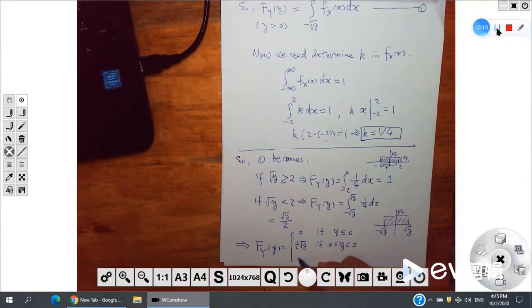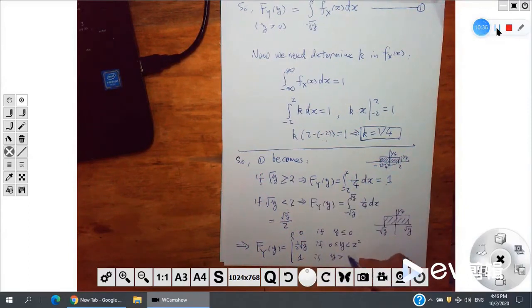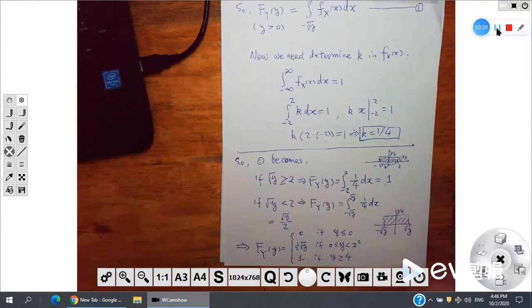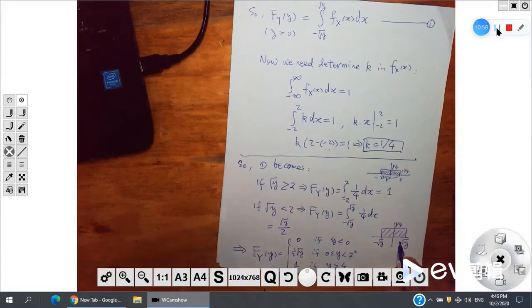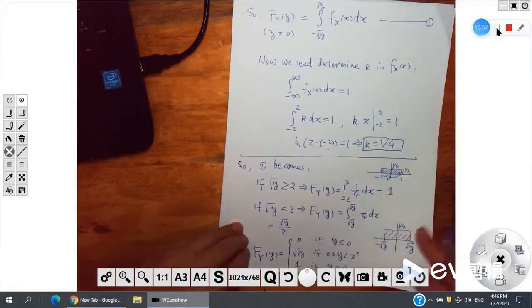And it is 1 if y is larger than 4, and put the equal here. Alright, then what is this? This is the CDF.